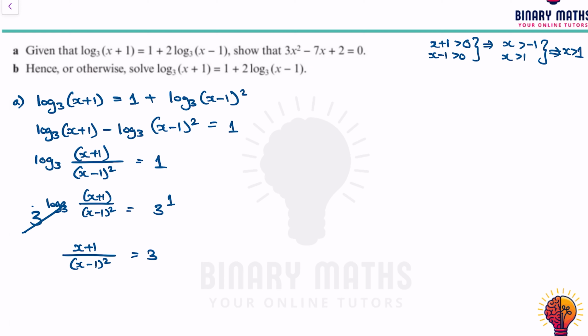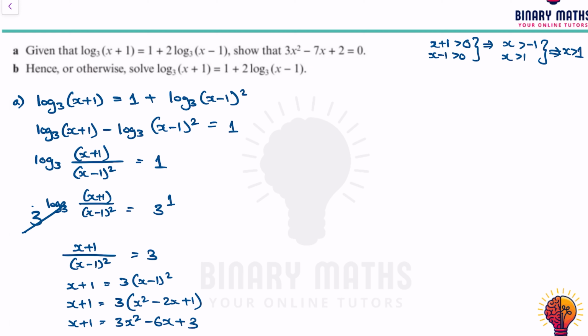If I multiply by (x minus 1) squared, I get x plus 1 is equal to 3 times (x squared minus 2x plus 1), which if I multiply out by 3, I get 3x squared, take away 6x plus 3. If I take everything to the right-hand side, I get 3x squared minus 6x take away x gives me minus 7x. Positive 3 take away 1 gives me positive 2 is equal to 0, which is what I wanted.